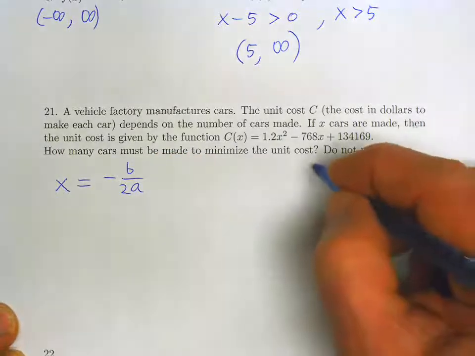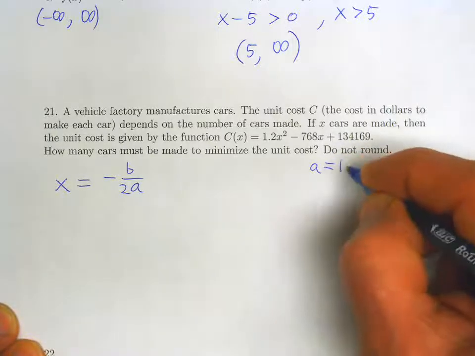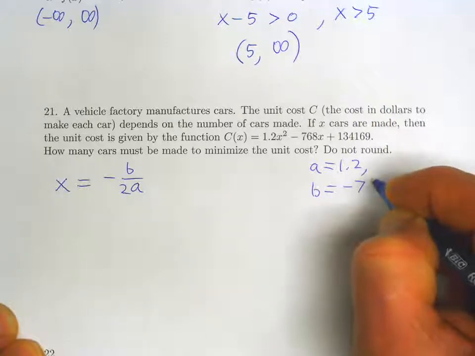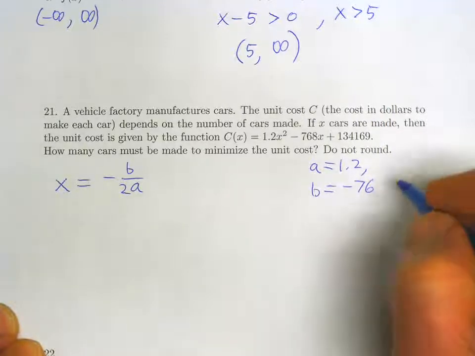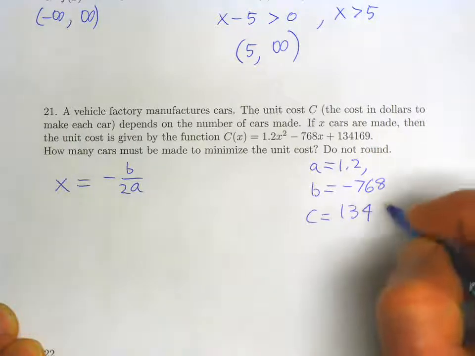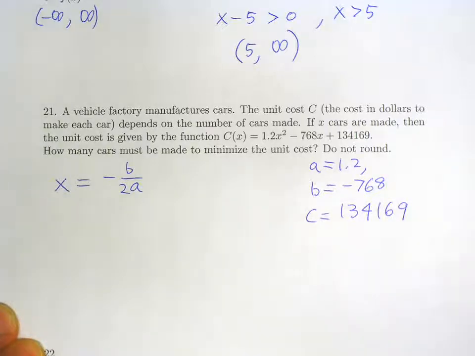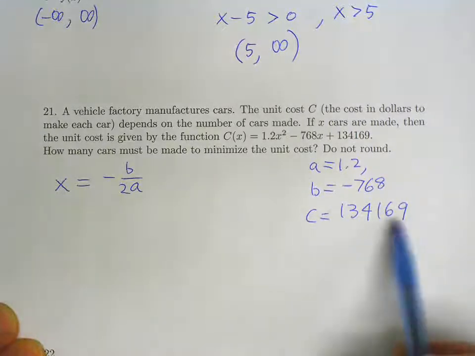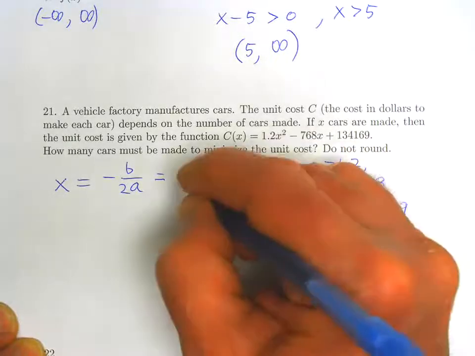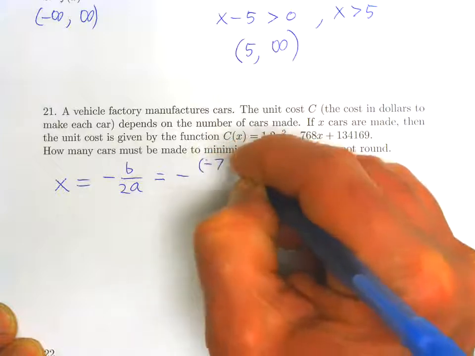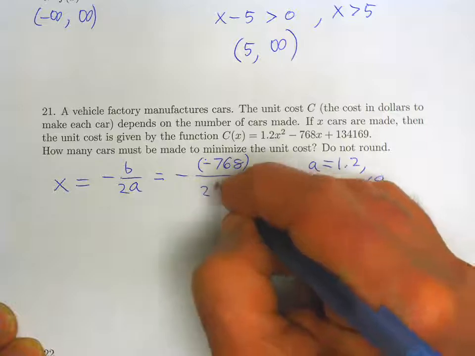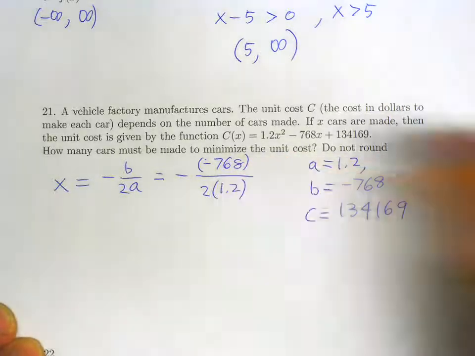So in this particular function, a is 1.2, b is negative 768, c is 134,169. But we don't need to know what c is. So negative b over 2a, we get the negative of negative 768 divided by 2 times 1.2.